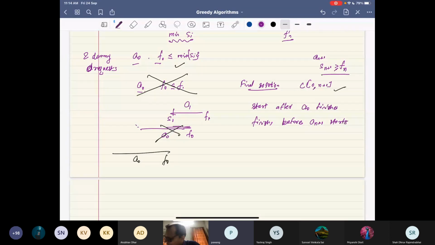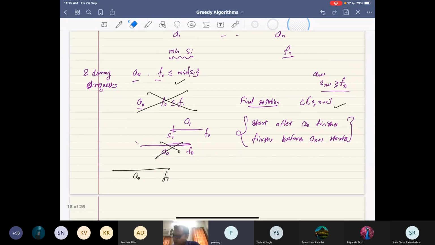Sn plus 1 is always greater than or equal to Fn, so everything is finishing before An plus 1 starts. So that way I have defined two dummy tasks or two dummy requests, A0 and An plus 1, that are not interfering at all with my set of activities, 1 to n. Is that okay? Now I can define my final solution to be C0,n plus 1. Any doubt here?